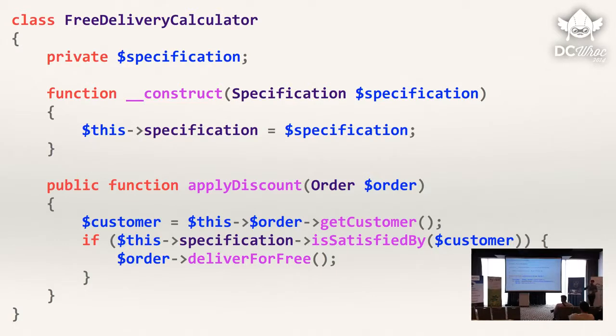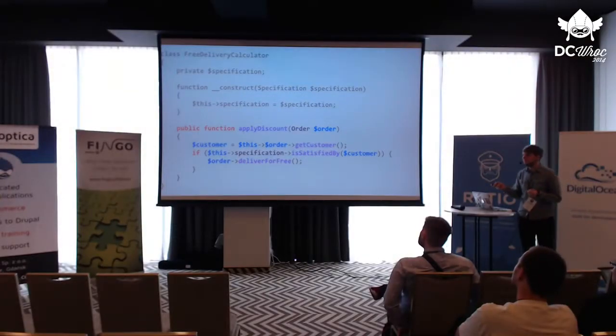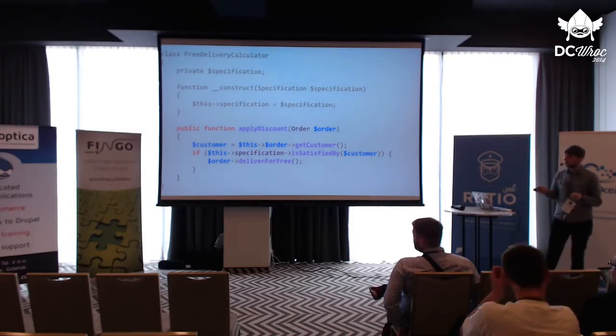That's it. And now when you read this code, it actually tells you the story of what you are doing. There is some specification that is passed from the outside. We need to check that. But the responsibility of this class is applying this discount, not deciding whether the user should get this discount or not.